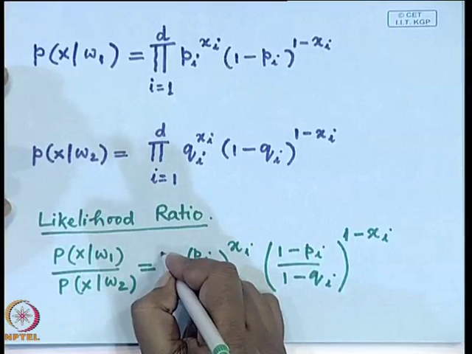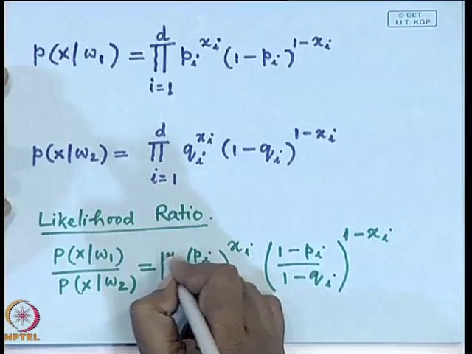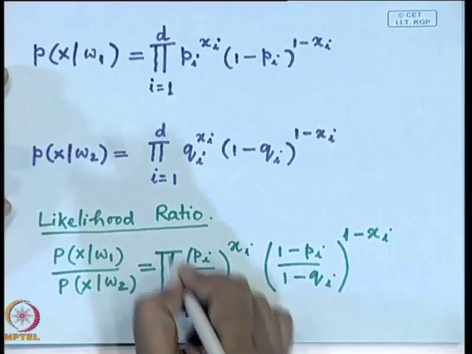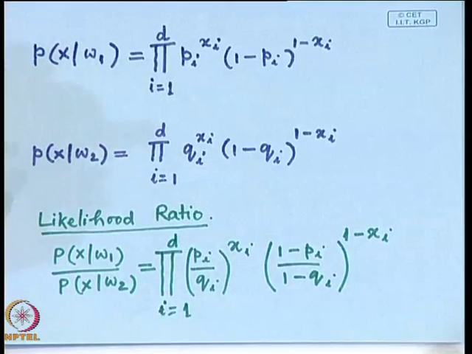Take the product over i varying from 1 to d. Okay. So, this is the likelihood ratio, right.